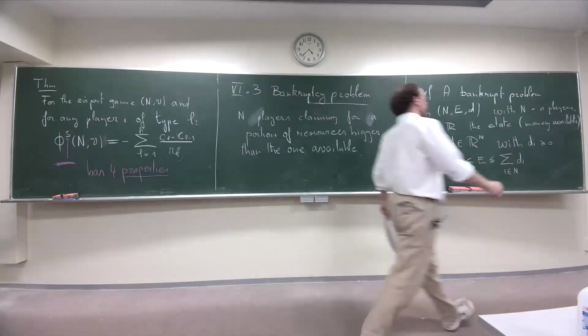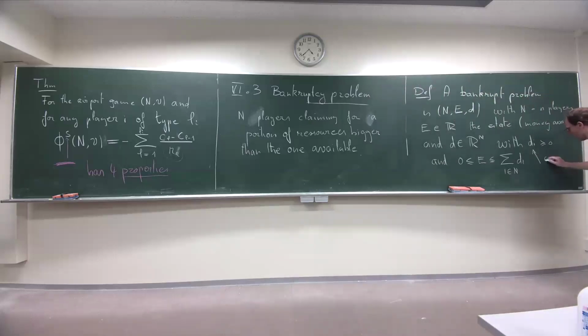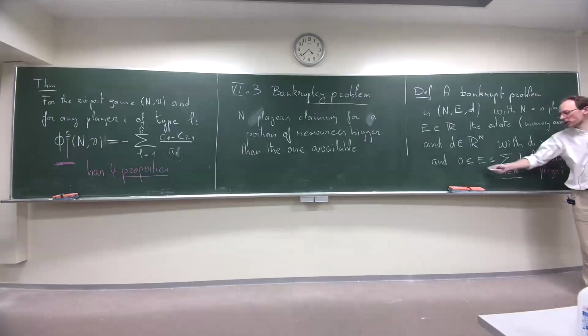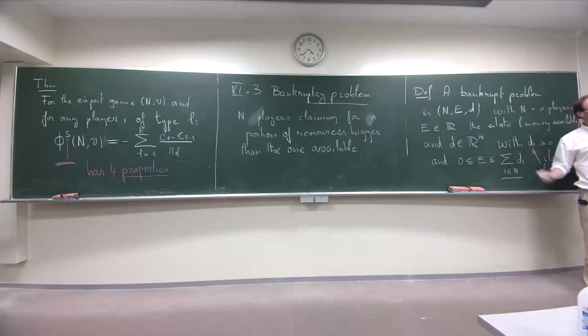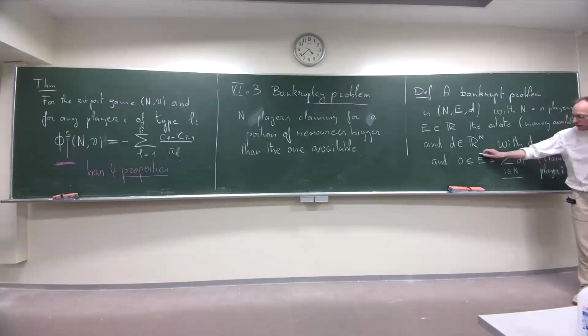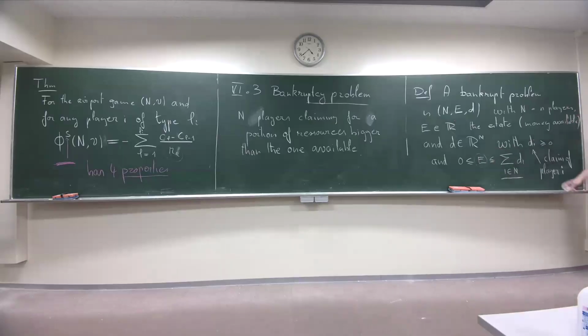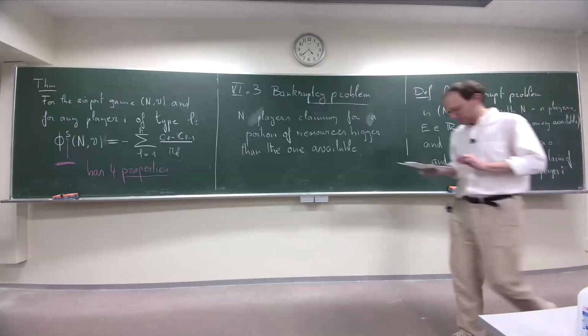So d_i is a claim. So what he would like to get. The problem is when the sum of what all players would like to get is strictly more than what is available. So how are you going to distribute what is available among people who are claiming for more? It's a natural problem.